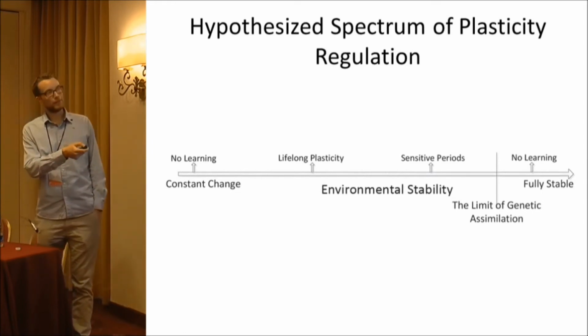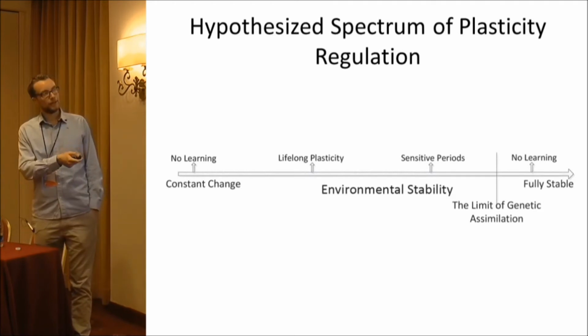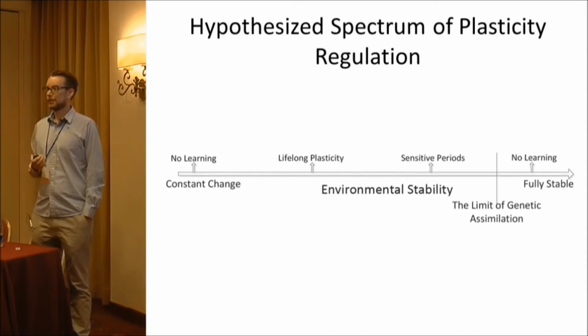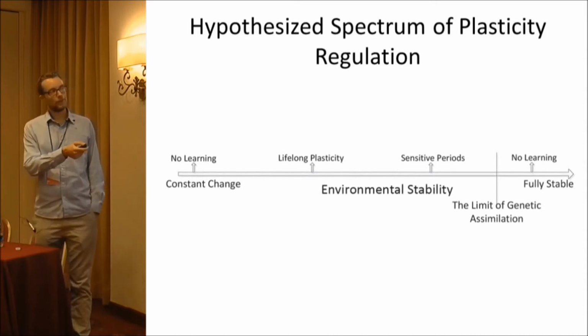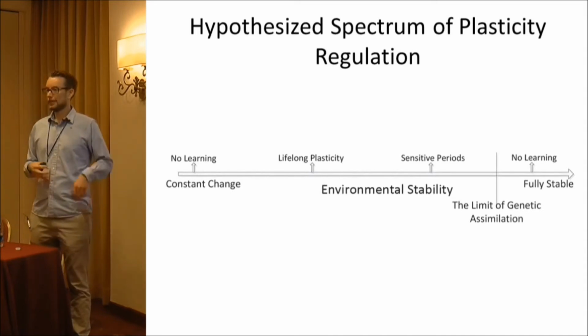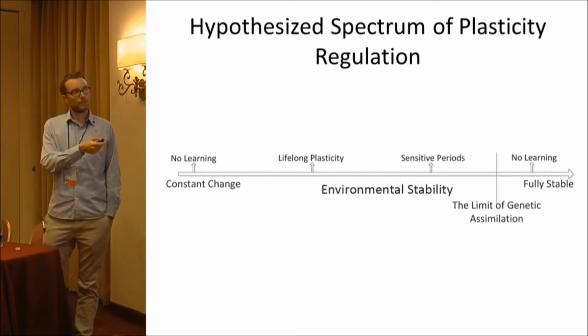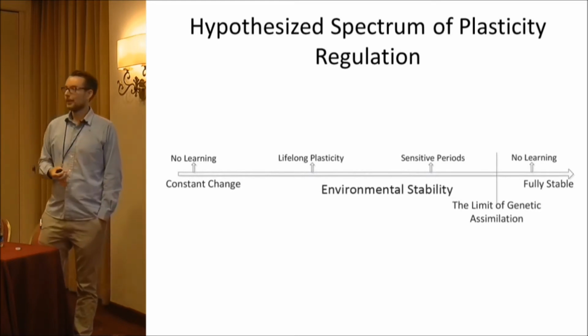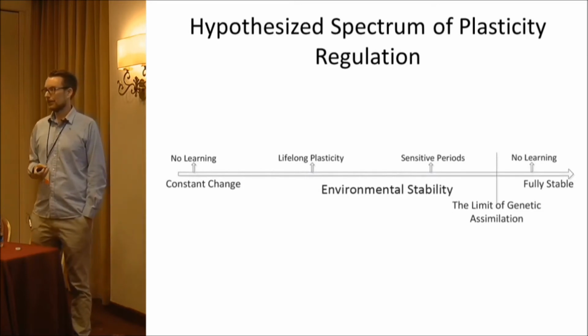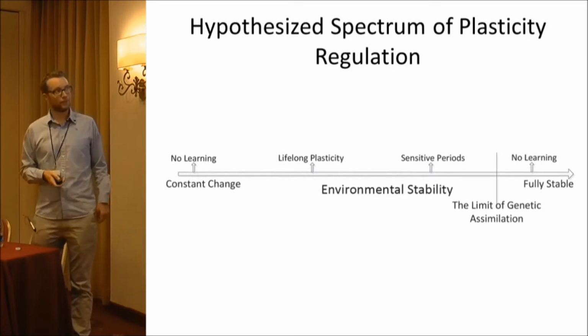And if we start from a fully stable environment and move to the left here, I hypothesized we would reach the limit of genetic assimilation somewhere. To the right of this, the genotype can handle the changes in the environment, but as we increase the instability more and more, we will see that learning has to take over as the way to adapt, because things are changing too fast.